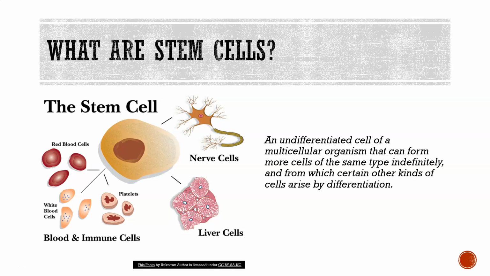Okay, so the stem cell, a definition. An undifferentiated cell of a multicellular organism that can form more cells of the same type indefinitely, and from which certain other kinds of cells arise by differentiation.